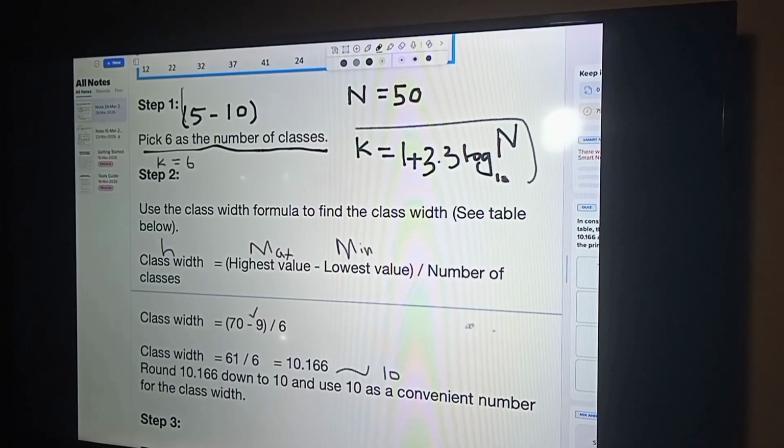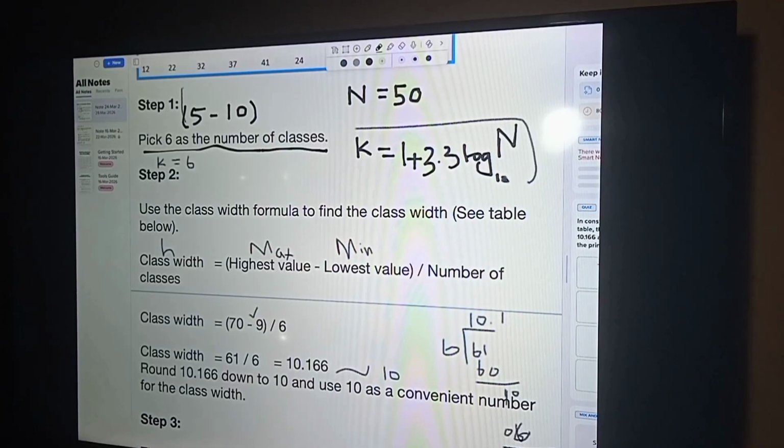When you divide this 61 by 6, 10 times 6 is 60, and then the remainder is 1, and then you can put a decimal point, and 6 ones are 6, so the difference is 4.